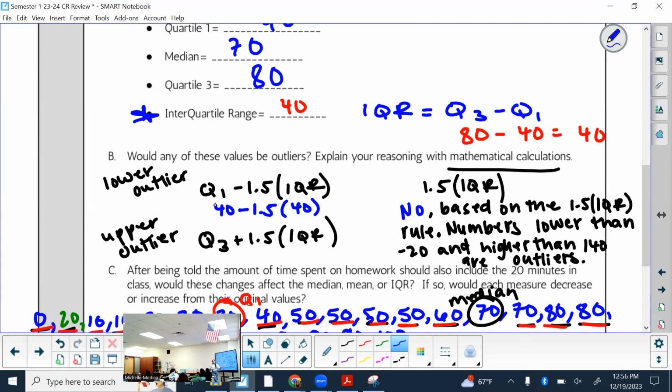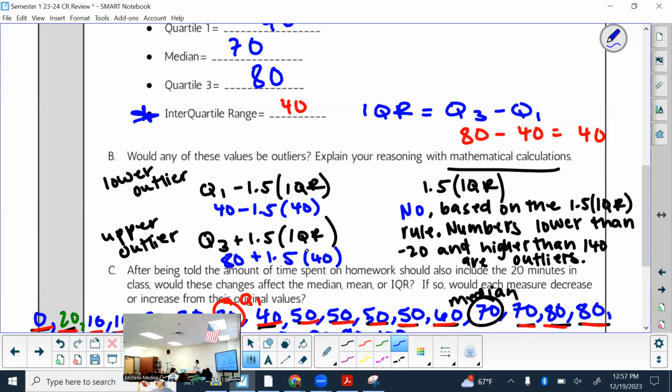I did that in the calculator. I didn't just magically come up with that. Okay. So any numbers that are smaller than negative 20 would be an outlier. But then you could also have an outlier for the upper half too. So that's why we have this other formula, Q3 plus 1.5 times the IQR. My Q3 was 80 plus 1.5 times 40. When I do that math, anything above 140 would be an outlier.